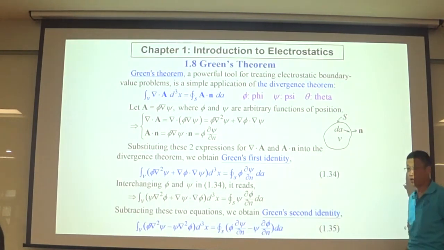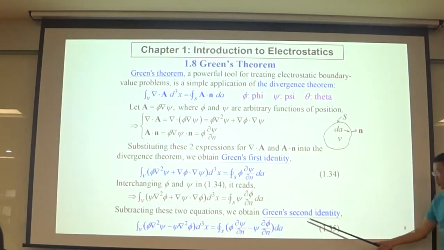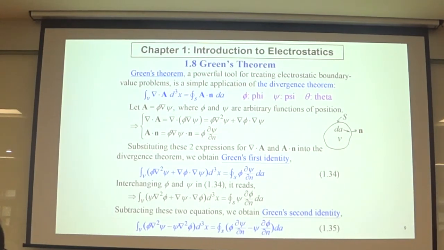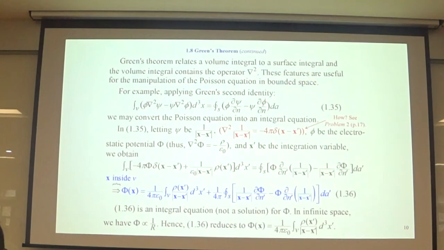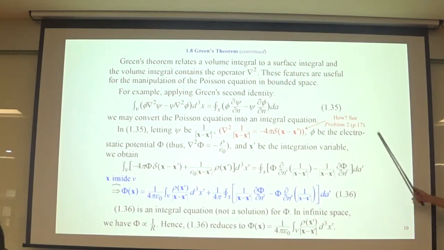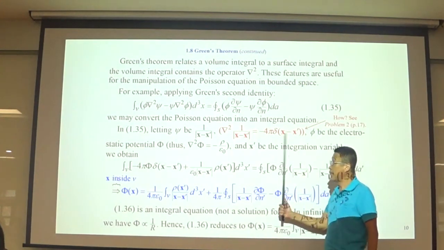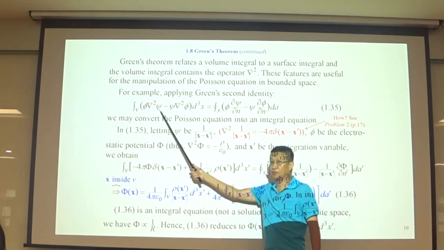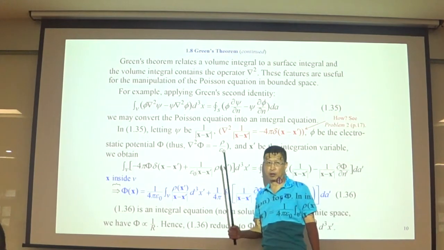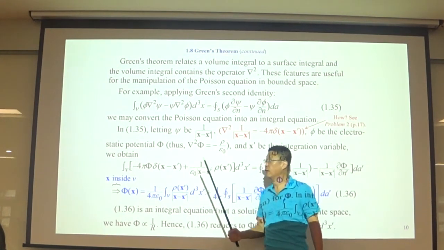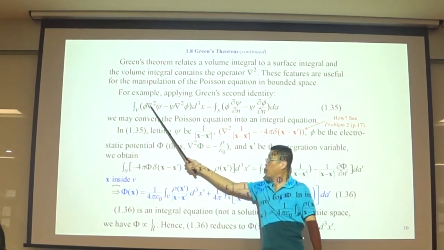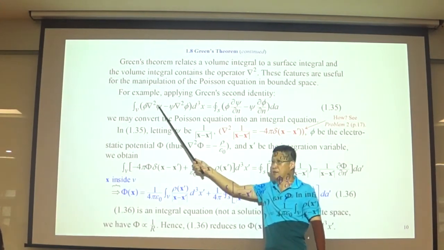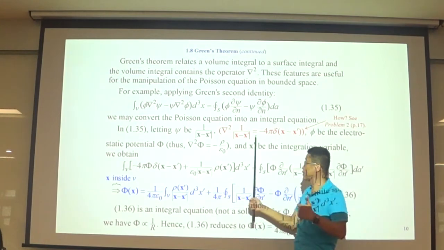the equation. What is the advantage of this Green's second identity? The advantage is later on we will find psi is the Green function. And psi is a Green function, so this one will become a delta function.